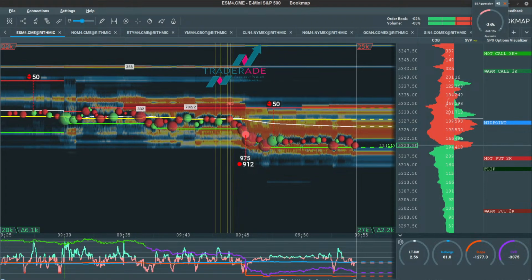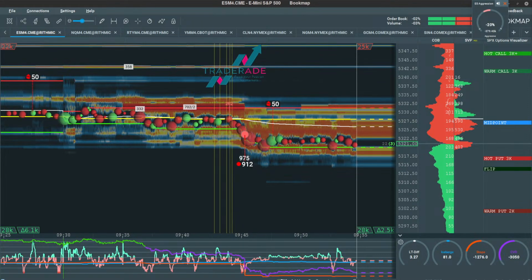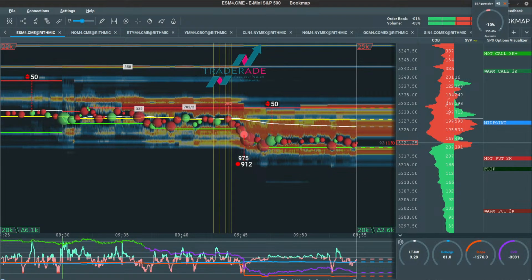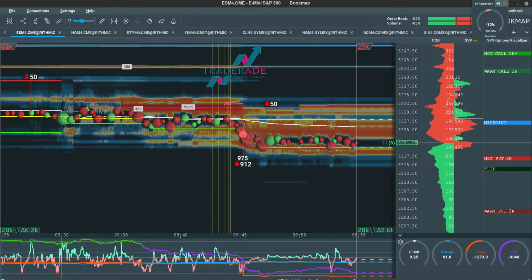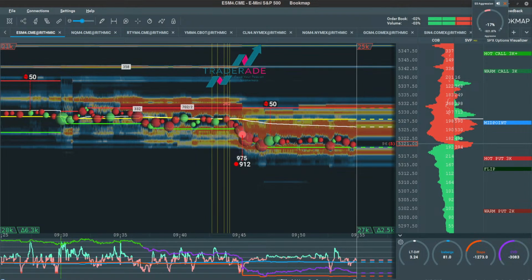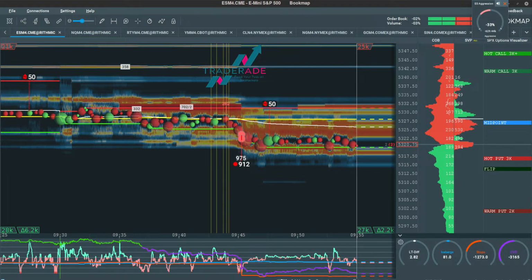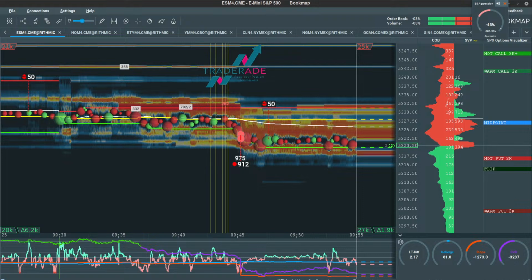When the advanced SPX options visualizer identifies an options market imbalance for SPX, it draws the midpoint between the four most active strikes. This helps to give us a sense as to where there may be gravity in a more balanced market. And it also brings us back to VWAP point of control, just between the two, because you can see, again, how options and where futures are trading have such a tight relationship.